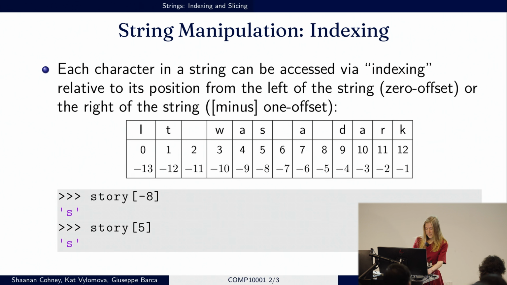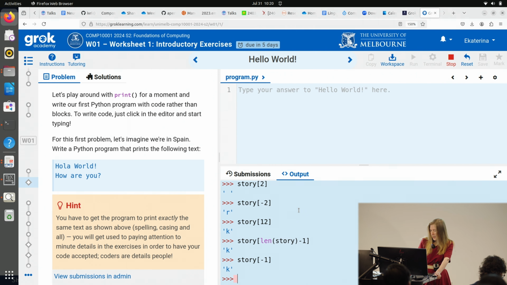At the very end? So when we just provide this 12, we just hard code, so it doesn't extend to other strings. If we change the string, it might be longer. So it's not a good practice to provide the exact predefined number. In order to make it more general, we replace it with this expression that takes the length of the current string and subtracts 1, because we start counting with 0.